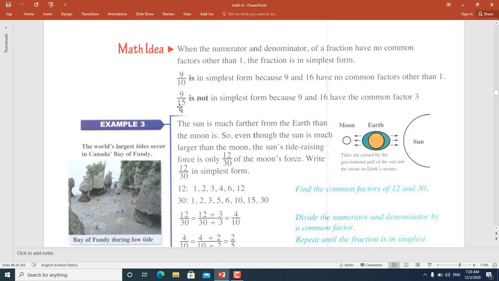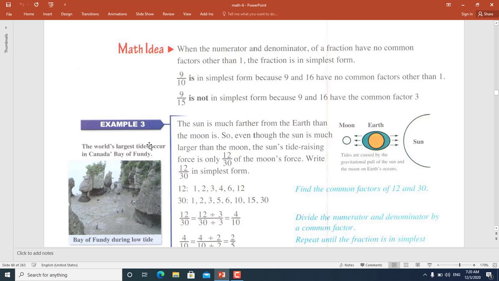And here we have 9 over 15. It's not in simplest form because 9 and 15 have a common factor, which is 3. We can divide 9 by 3 to get 3, and 15 divided by 3 is 5. So 3 over 5 is the simplest fraction for 9 over 15.